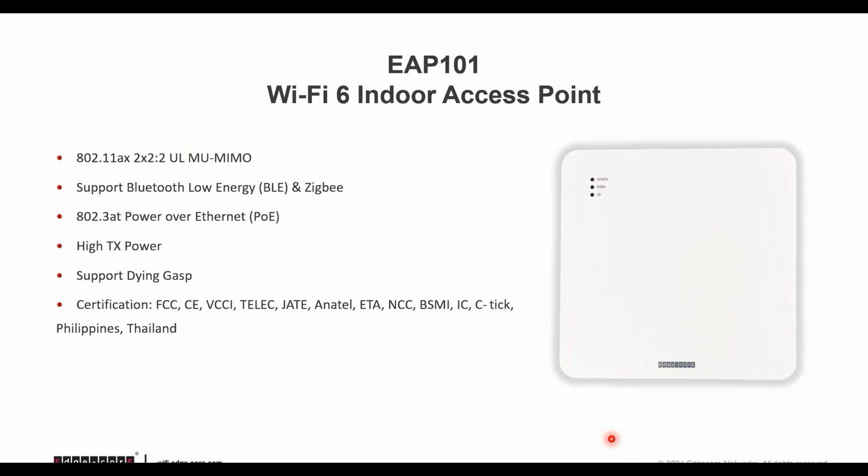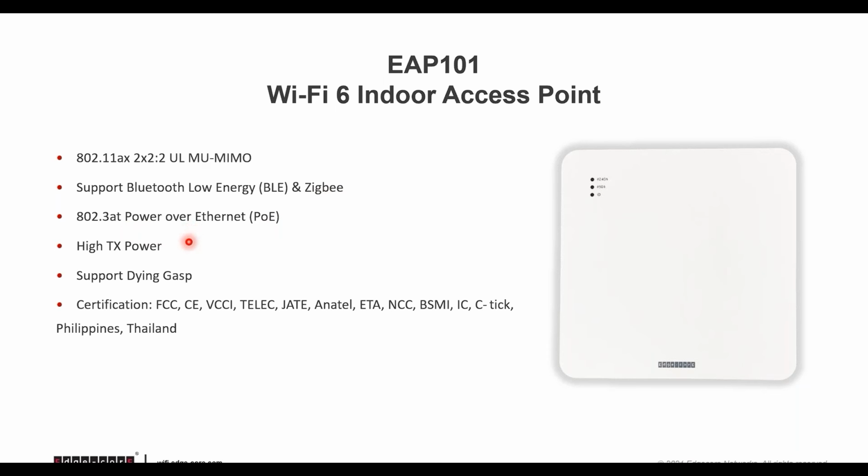Okay, this one is the Edgecore certified models. EAP101 is Wi-Fi 6, 2x2 MU-MIMO. We also have two radios inside, one is Bluetooth, the other one is Zigbee, so you can do location-based services or IoT communications. It can be powered by standard 802.3bt.